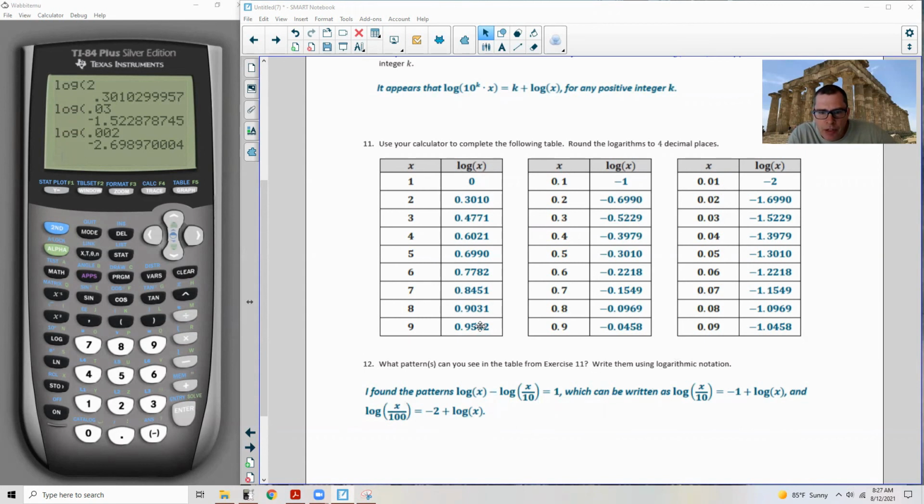Okay, these numbers are not the same, but after we get beyond these numbers, when we start doing the decimals, 0.2 becomes a -0.6990, and then if I add zeros from now on and make the number smaller by a multiple of 10 to the -1 or -2 or -3, the power is going to be your ones position.